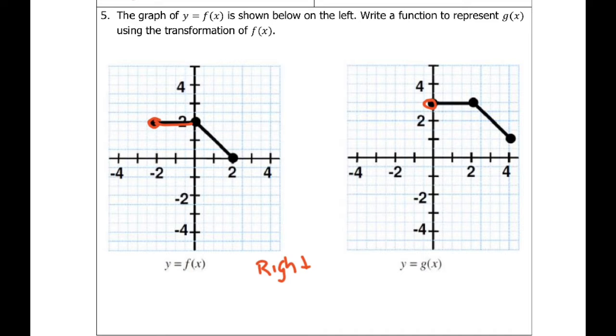Actually, let me redo this. It's gone right 2, because this scales by 2. And it has gone up 1. So this means that g of x is f of x minus 2, plus 1.